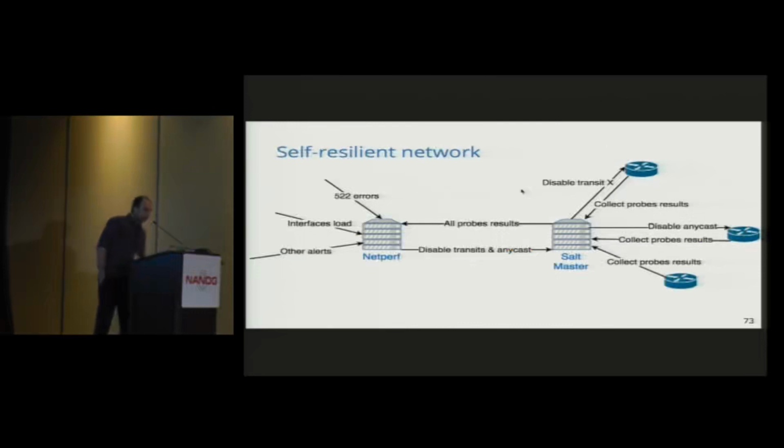And using this system, this orchestrator of Salt, we are using it to generate the configs, to push the configs on the routers, and also retrieve to collect the probe results. We have an external service called the network that to get those probe results together with 5 to 2 errors plus interfaces load and many other layers from Prometheus and so on, intelligently takes the decision to disable some transits or anycast in some locations and sends back the request to Salt to disable anycast in some locations or a transit.